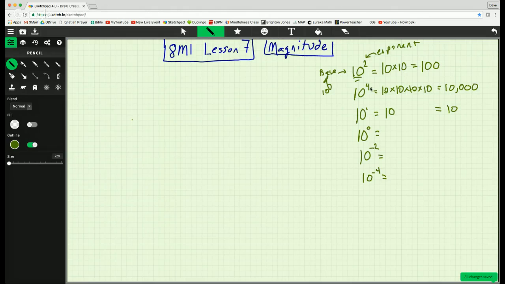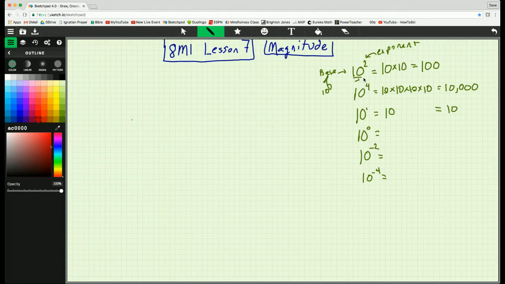So notice this is key. This is key here.